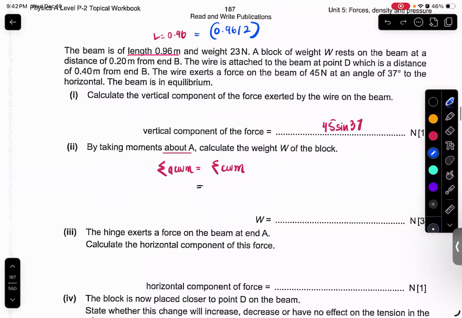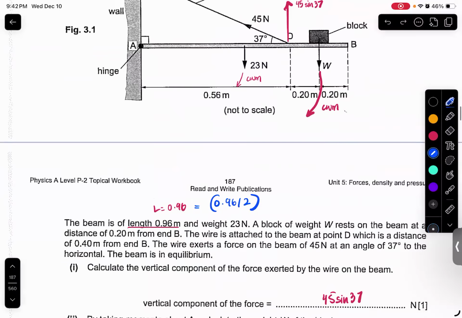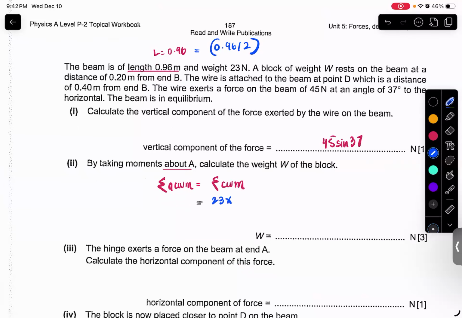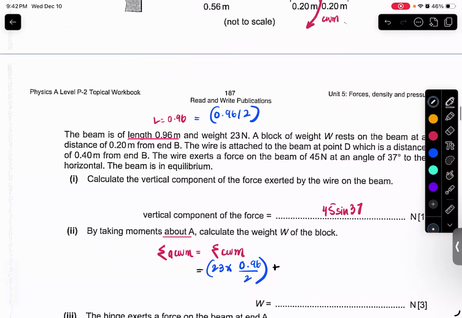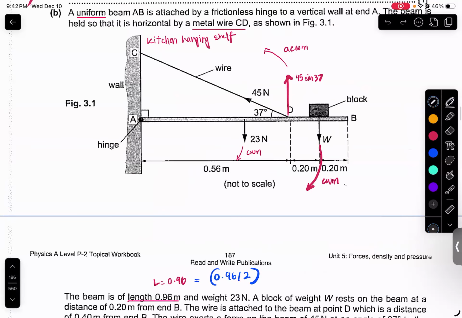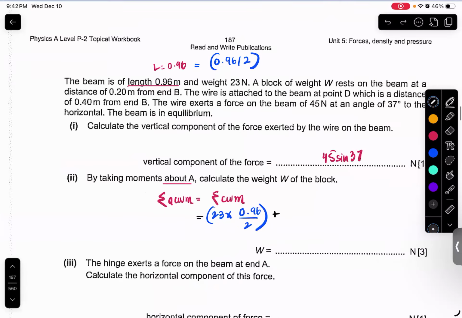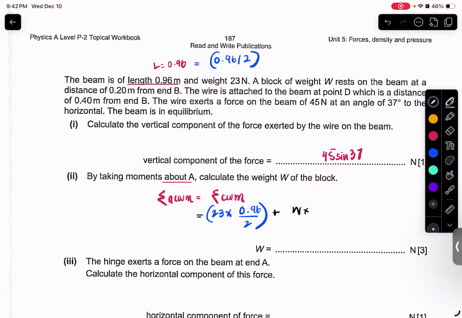So the clockwise moment equals 23 multiplied by 0.96 divided by 2, because this is the length from the pivot to the center of gravity, plus W times 0.56 plus 0.20, which is 0.76 meters. So W times 0.76.